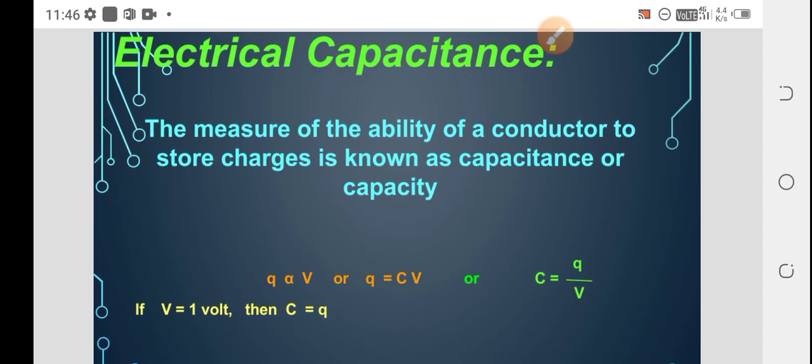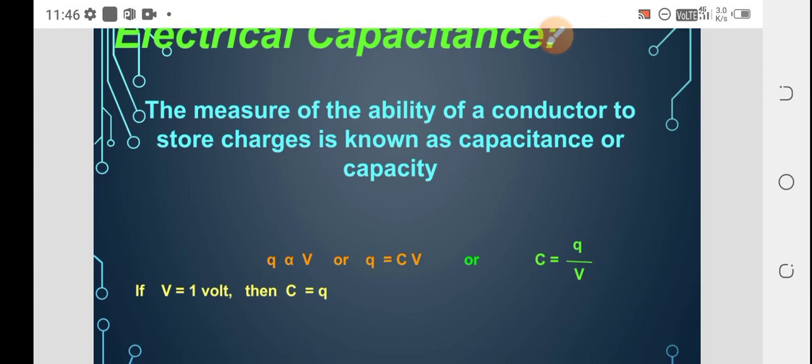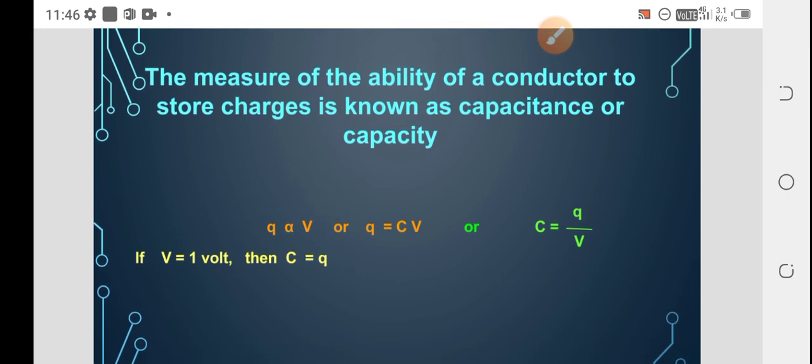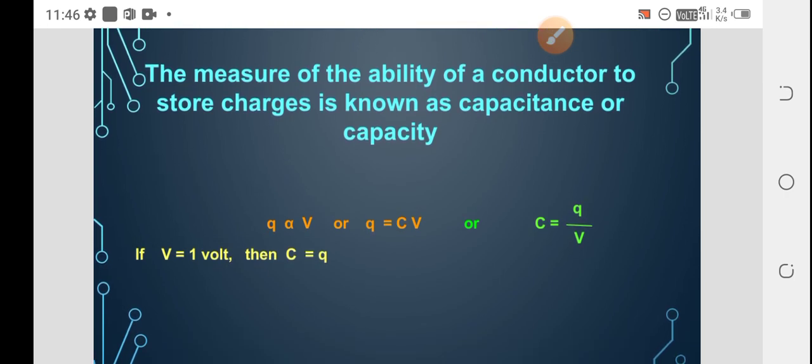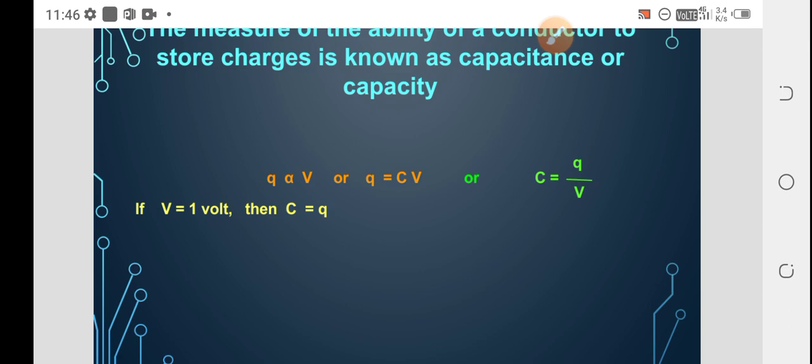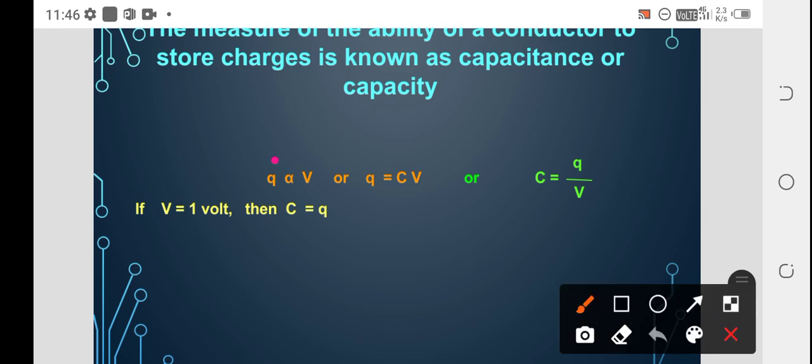What is electrical capacitance? The measure of the ability of a conductor to store charges is known as capacitance or capacity. That means the charge is proportional to the potential. Then remove the proportionality symbol, and we get a constant: Q = CV, where C = Q/V.